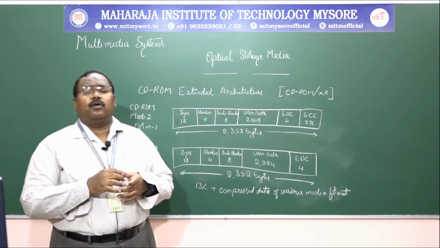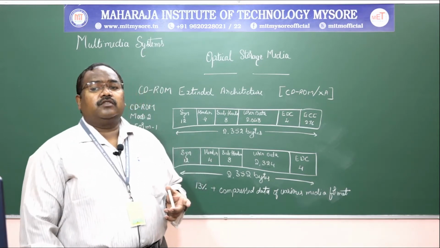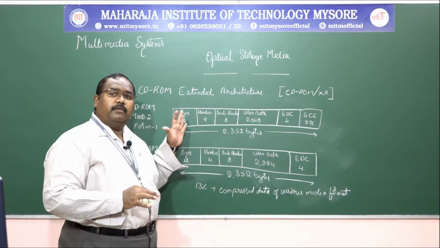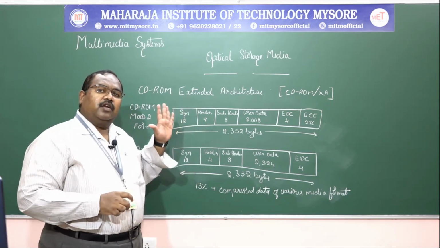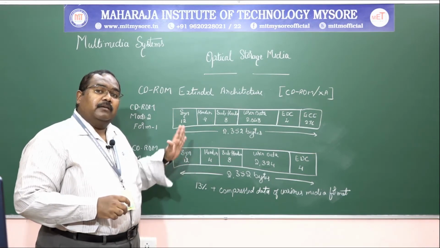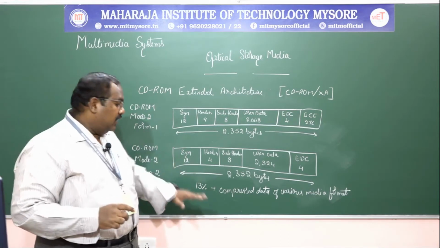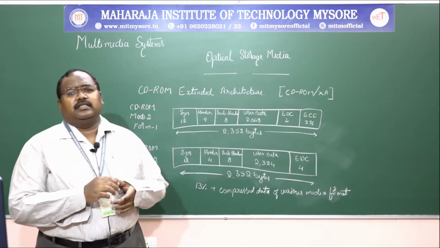This is the plus point of CD-ROM extended. Interleaved storage and retrieval is the main concept behind both CD-ROM and CD-ROM extended architecture, but this architecture also supports compressed data very beautifully. So this is the advantage.